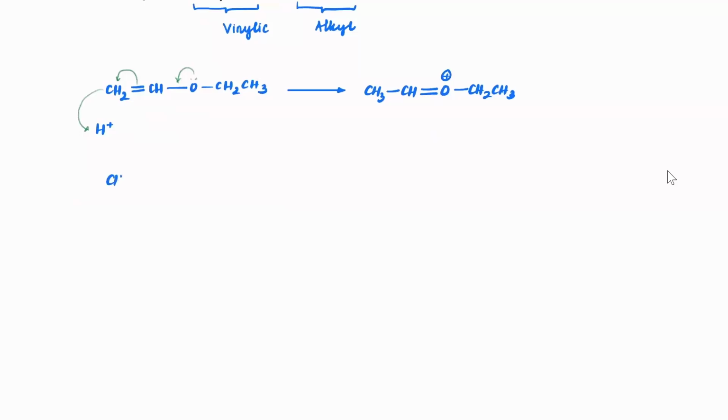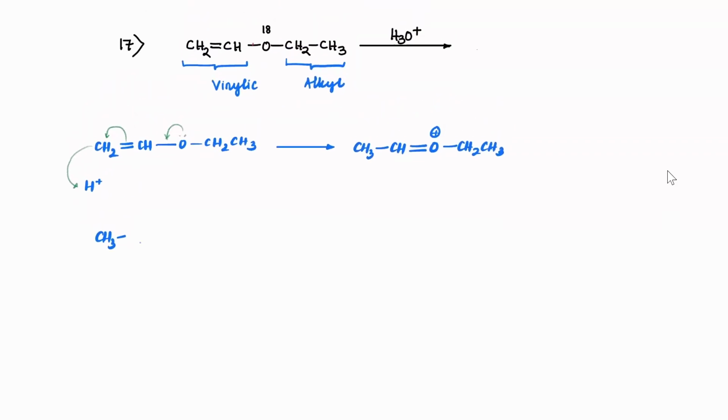And then once you have that, you can check CH3, CH double bond O plus, CH2, CH3. Now, water would attack on this carbon position because oxygen is most likely to take its lone pair back from the pi bond. As it happens, you will get CH3, CH, OH2 plus, and then we have oxygen, CH2, CH3.